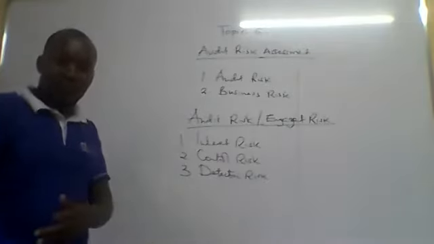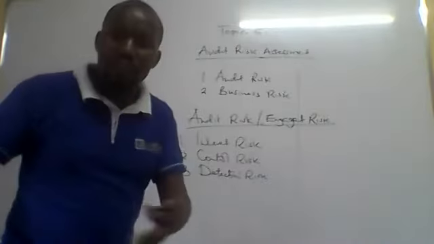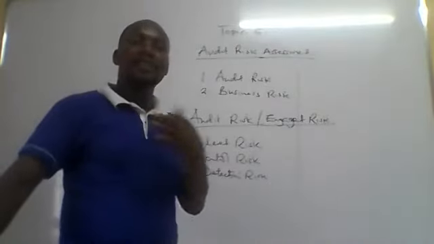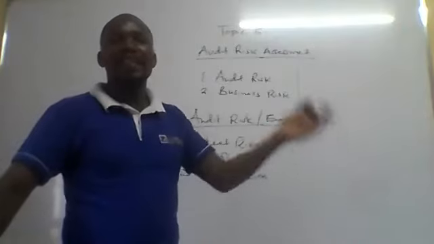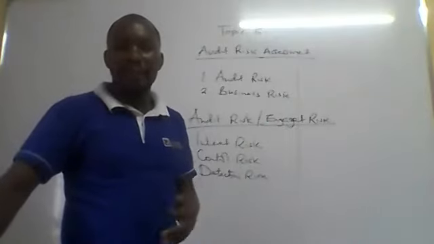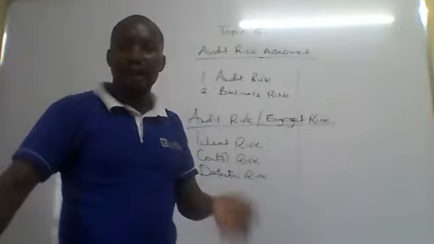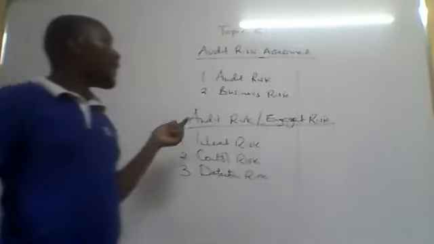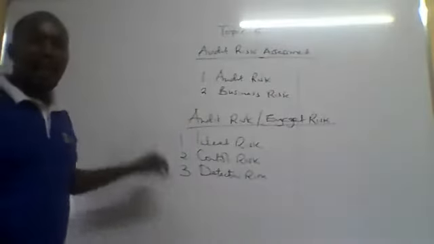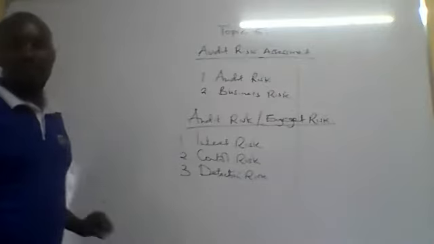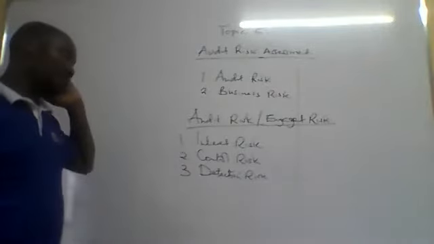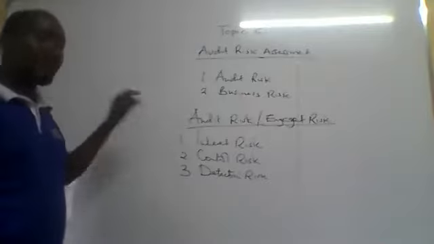On the other hand, you can conclude that the financial statements are misstated, when in real sense they are very fine. So at the end of the day, it is still an inappropriate report. So that is the audit risk.